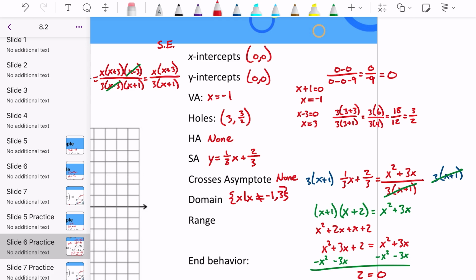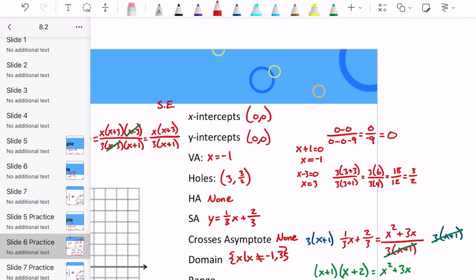In order to do that, we go ahead and set our y equal to 0.